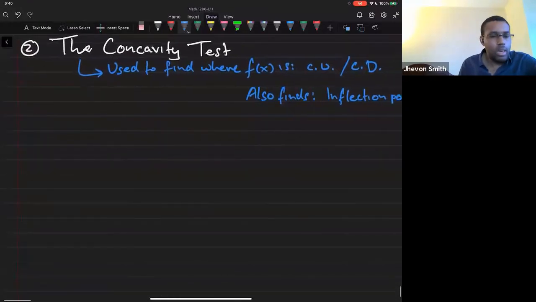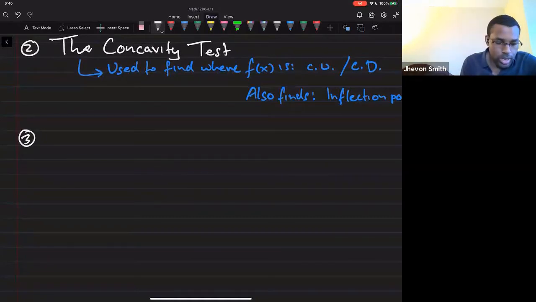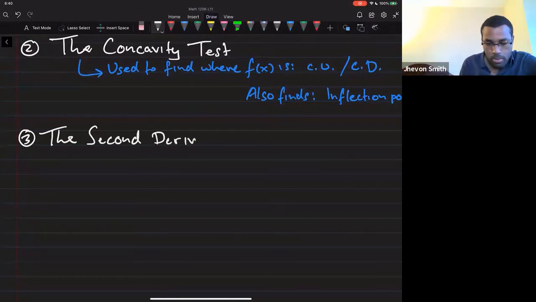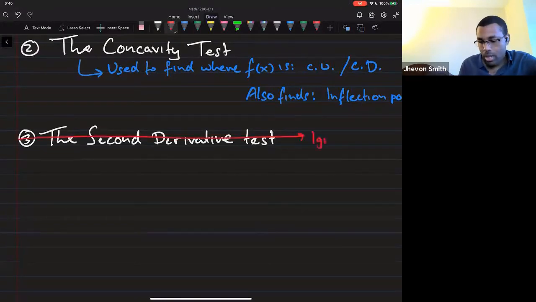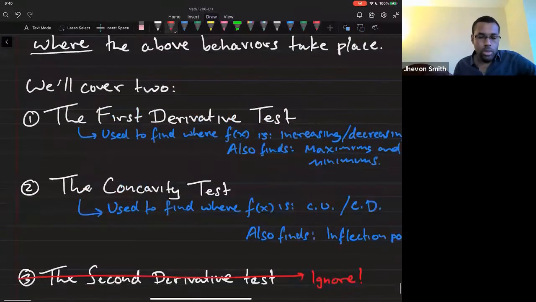There is a third test that's pretty popular. It's usually taught in a Calc 1 class, called the second derivative test. And for us, we're kind of going to ignore this, because the first derivative test will give us all the information that the second derivative test would give us.